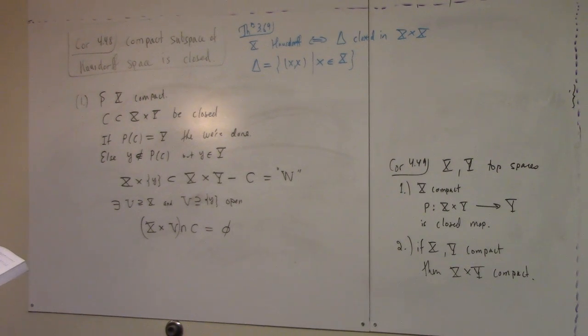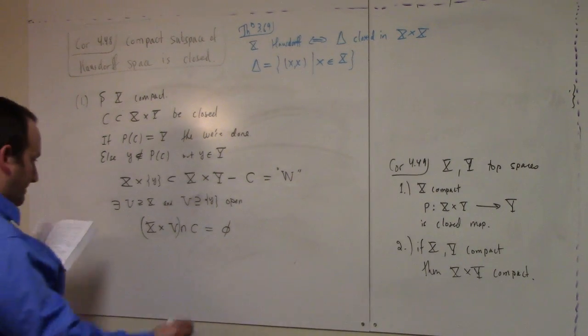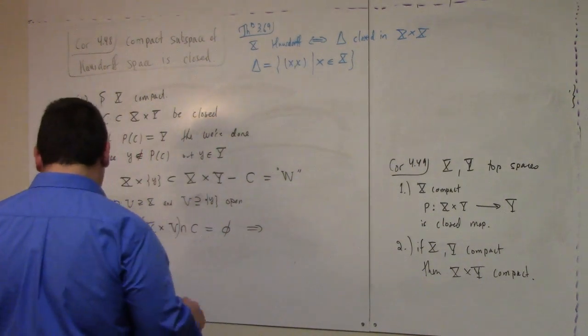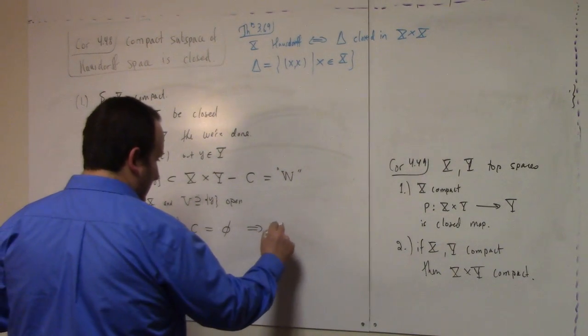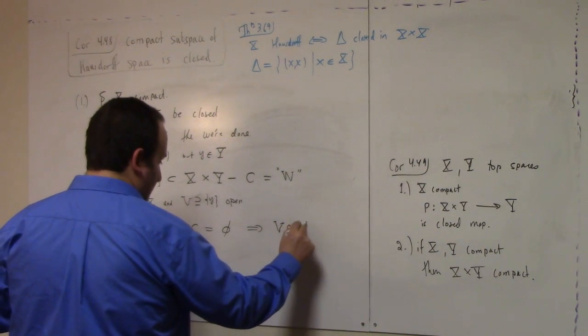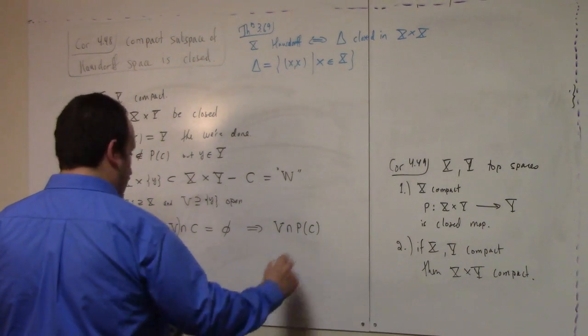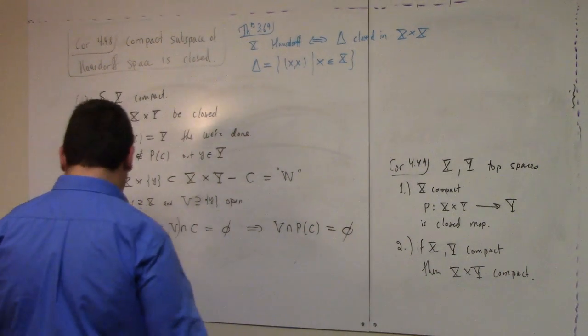So by Wallace's theorem, there's an open neighborhood V of y such that the Cartesian product of X and V intersect the closed set C in the product is empty. And so that implies, what does that tell us? That tells us that V intersect with P of C is empty.